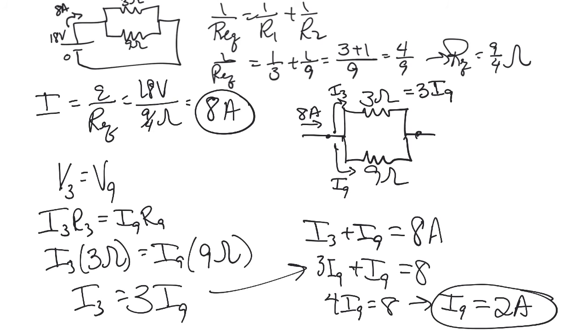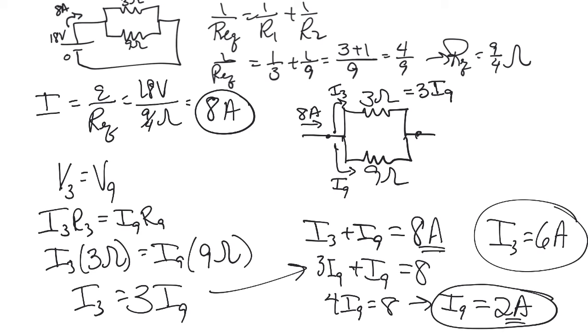How can we figure out the current going through the 3 ohm? Well, there's 2 ways to do it, right? If the total is 8 amps and this is 2 amps, then I3 must be 6 amps. And you can see that it's 3 times the other one.